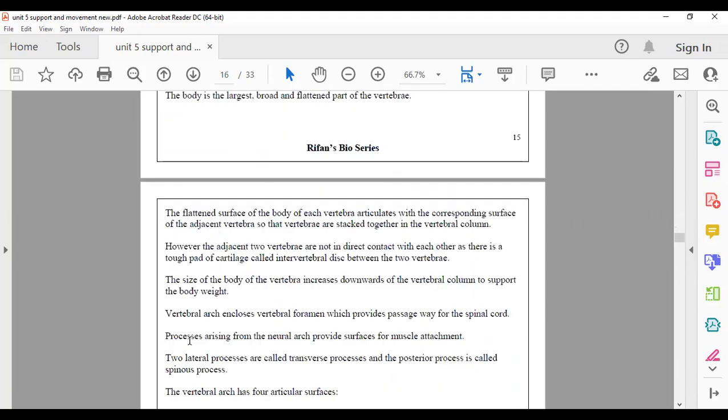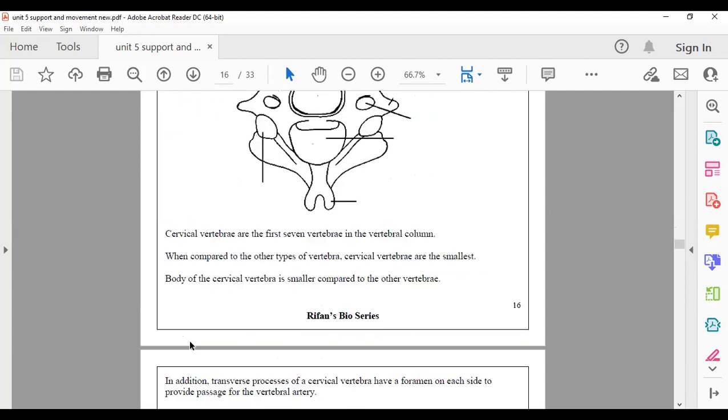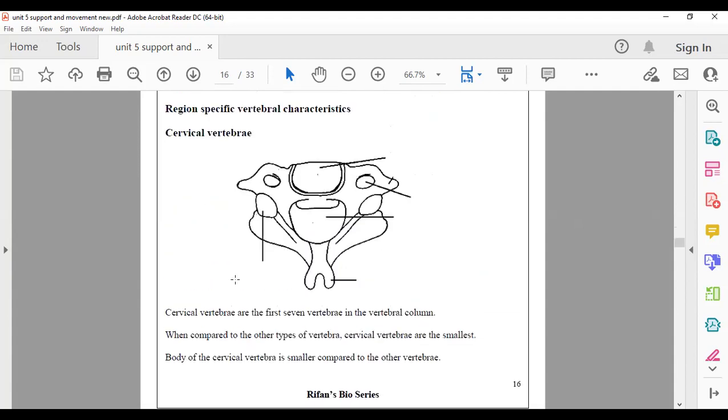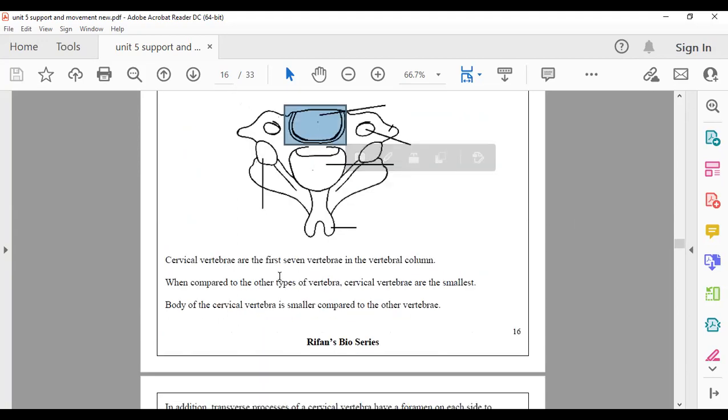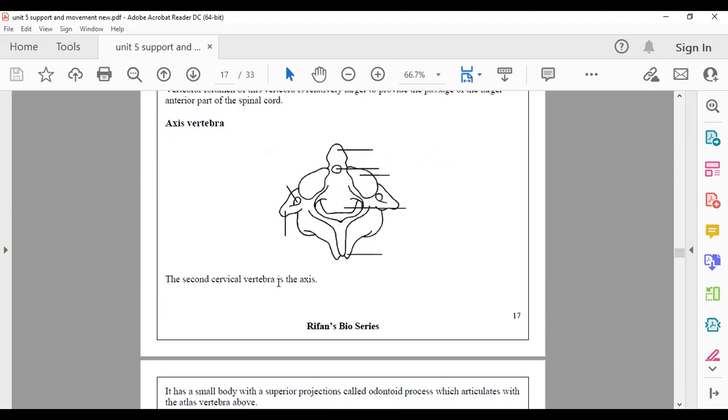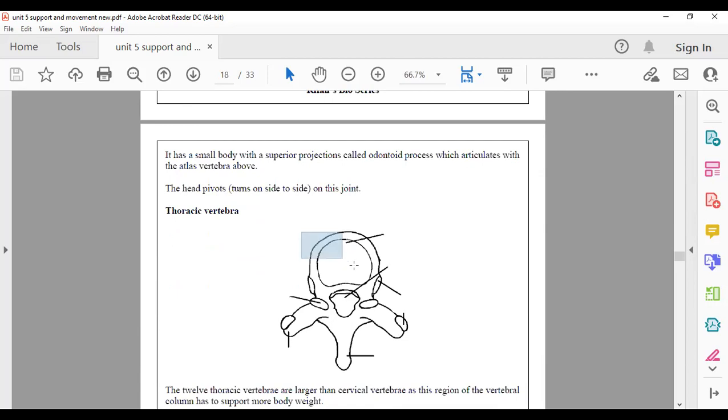Right. If you take the cervical vertebra, the size of the body of cervical vertebra will be smaller than the size of the body of thoracic vertebra. Reason: cervical vertebra has to bear only the weight of the head.